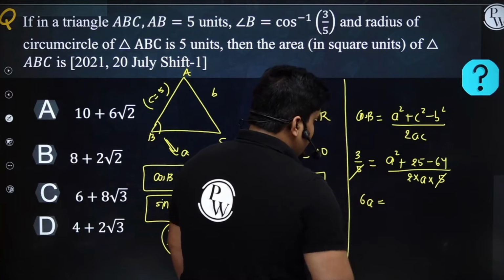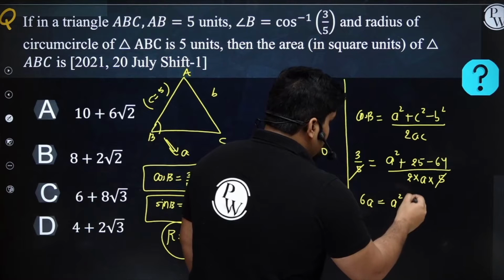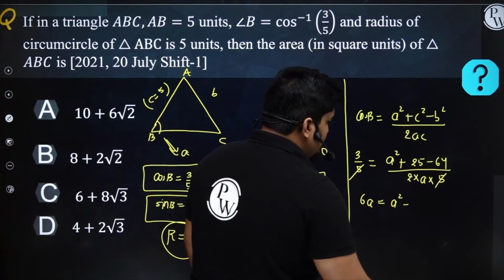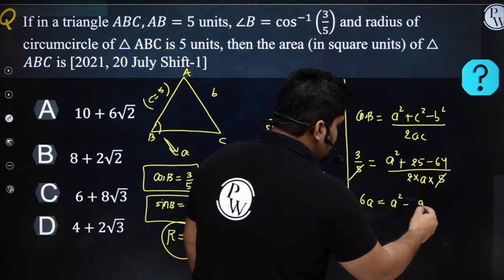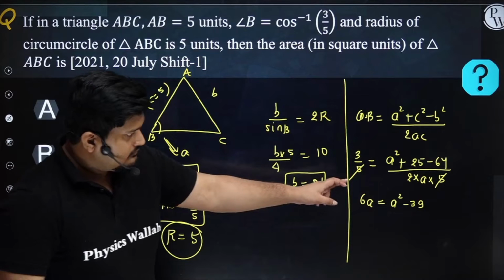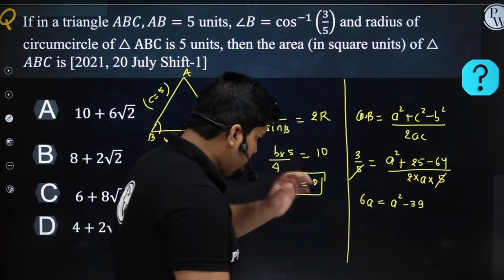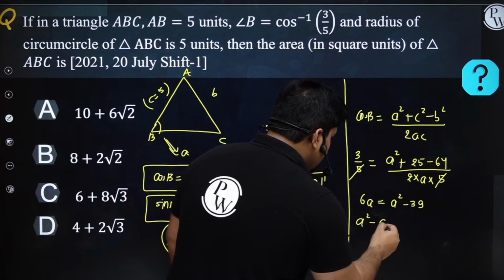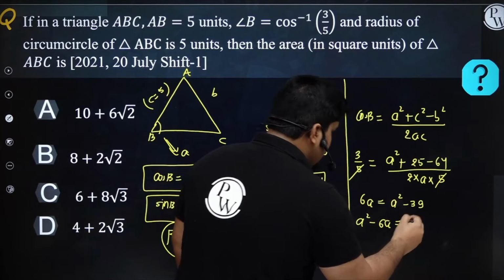So 6A is equal to A square plus 25 minus 64, which is minus 39. So we have got a quadratic, guys. This is A square minus 6A equal to 39.